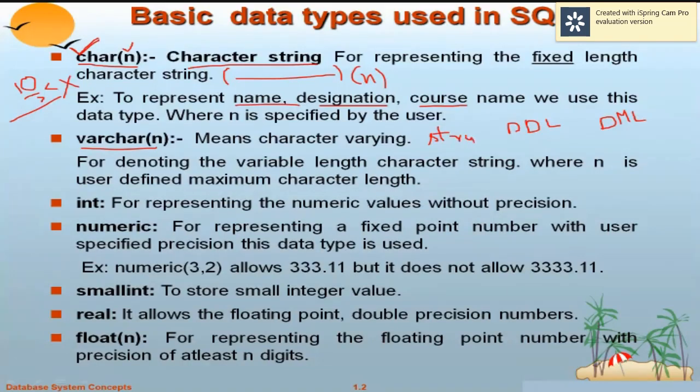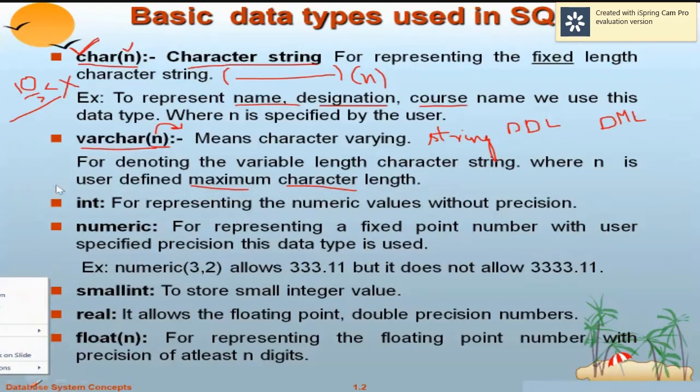Again, you can see here I have a value n written in brackets. What does this n mean? Here the meaning of n is a little different. N is going to fix the maximum length of the character string. That means, for the name you are entering in this database, let the maximum length be 20.